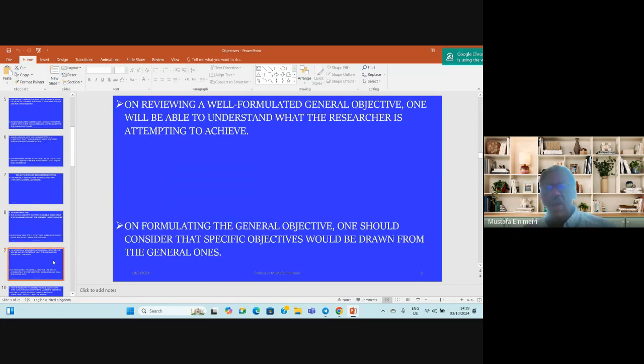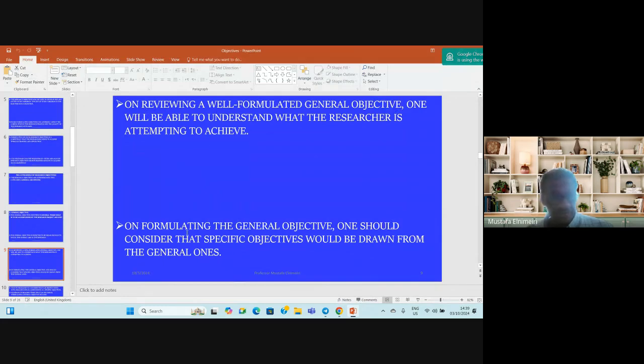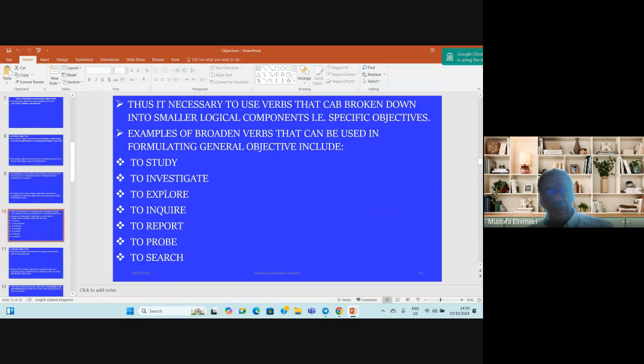On reviewing a well-formulated general objective, one will be able to understand what the researcher is attempting to achieve. On formulating the general objective, one should consider that the specific objectives will be drawn from the general ones. We are going to break down the general objective into small logical components, which are the specific objectives. Thus, it is necessary to use verbs that can be broken down into small logical components.